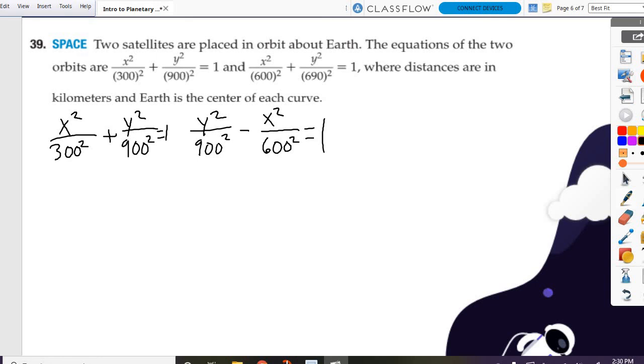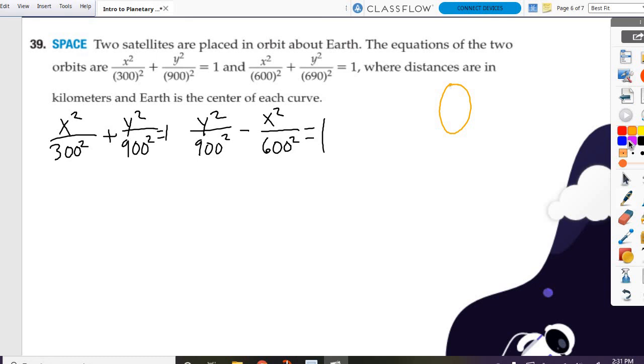And we need to prove it using our solving steps. Now hopefully we notice that our y-squareds are very, very similar. And that's why I went ahead and changed it to a hyperbola, because it's going to make it a lot easier for us to solve. And this is going to be similar to what you're going to see on your project. So notice that if we were to graph these, basically notice that our 900 squared is going to be bigger, so that's going to give us a vertical hyperbola.